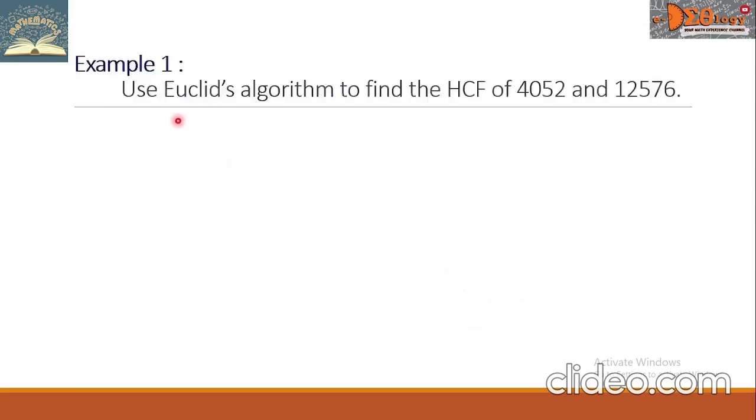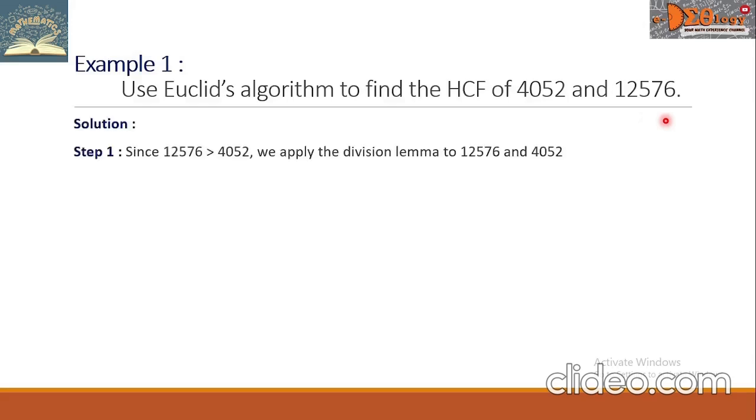Example 1. Use Euclid's algorithm to find the HCF of 4052 and 12576. Step 1. Since 12576 is more than 4052, we apply the division lemma to 12576 and 4052.